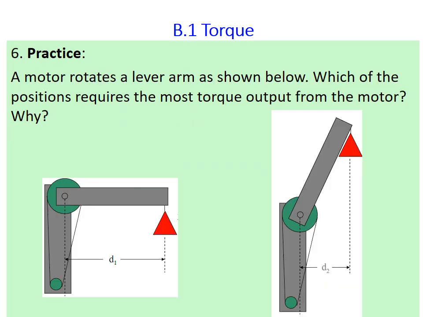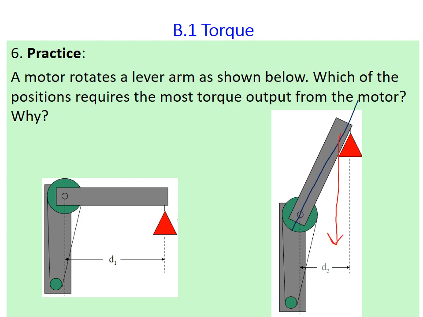Practice number 6. A motor rotates a lever arm as shown below. Which of the positions requires the most torque output from the motor and why? In this case, I want you to consider once again the angles. I want you to draw a free body diagram, and break this weight vector into its components. You can start by drawing the length of the moment arm, and then you can translate this weight vector straight onto that.